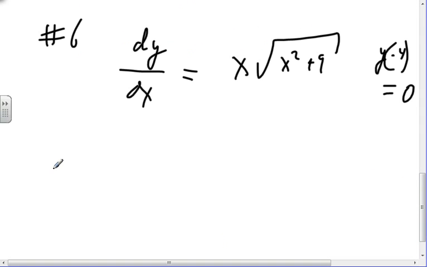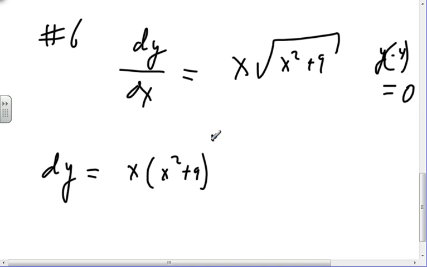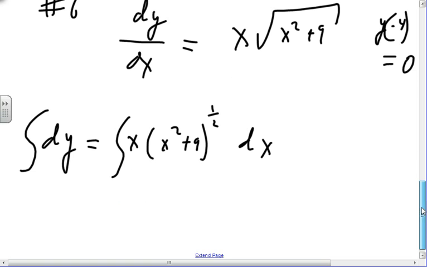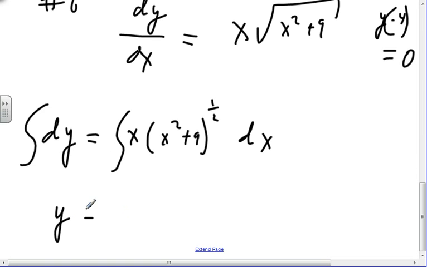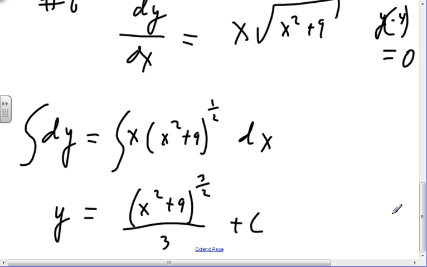I'm going to rewrite that: dy is equal to x times (x squared plus 9) to the 1/2 dx, and then I'm going to integrate both sides of the equation. I'm going to skip a whole lot of steps and say y is equal to (x squared plus 9) to the 3/2, divided by 3, plus c.